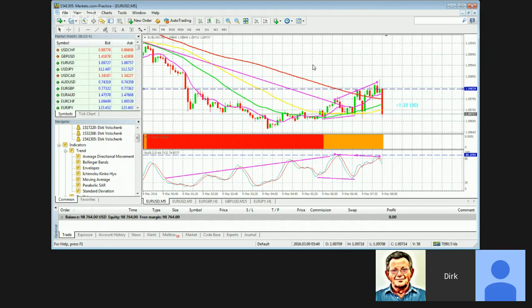Insane drop, eh? Love it. That's definitely our entry candle at this point in time. Okay, let's just see. Let me get the calculator ready.